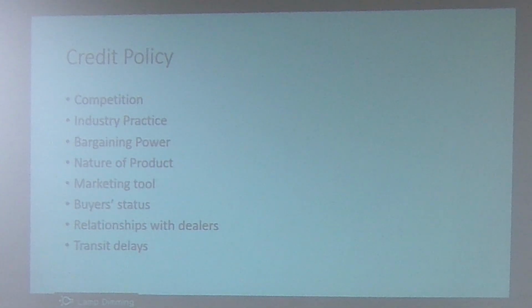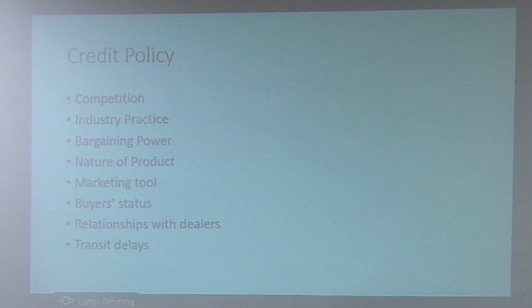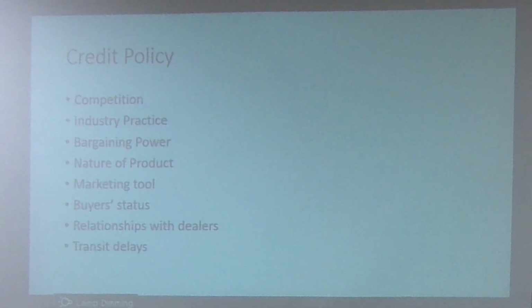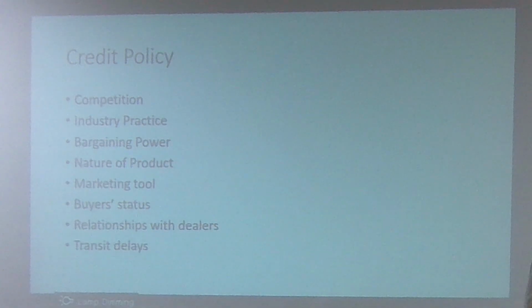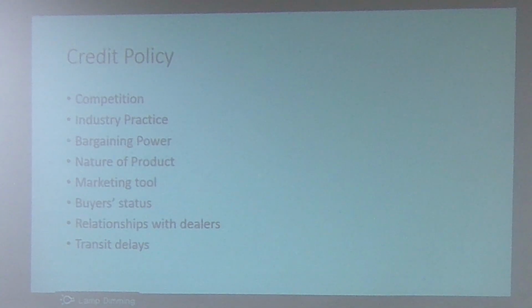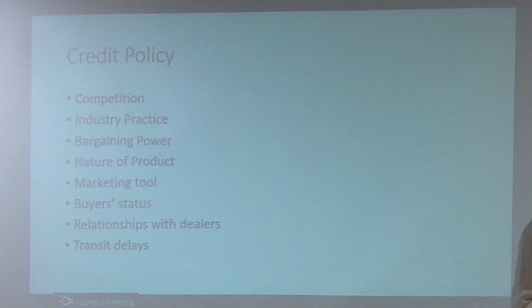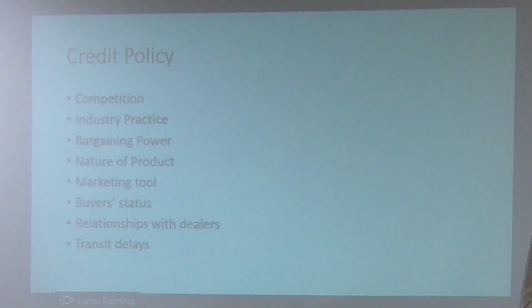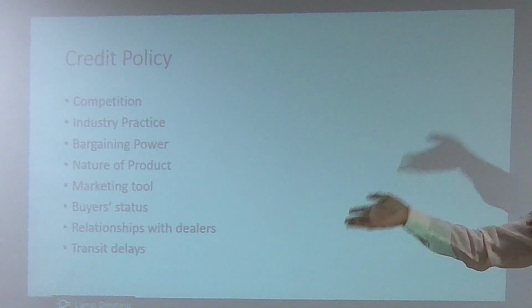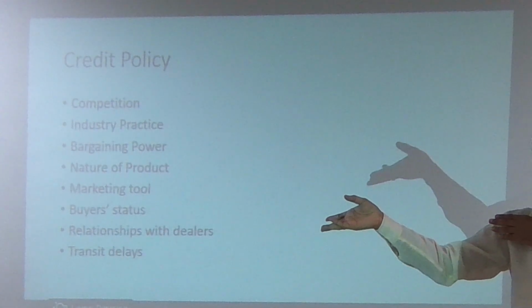So the first point: whenever we talk about policy, certain factors are there. Not necessarily everywhere everything will be present, but most of the factors which decide it are the nature of competition in the market where you are. You have to extend credit, because if you don't, somebody else is extending the credit, and your customer will move to that place.